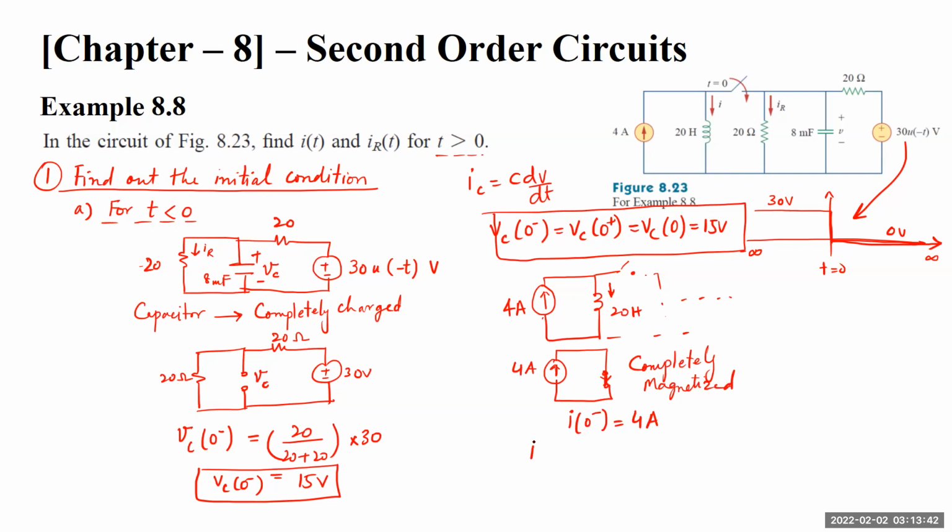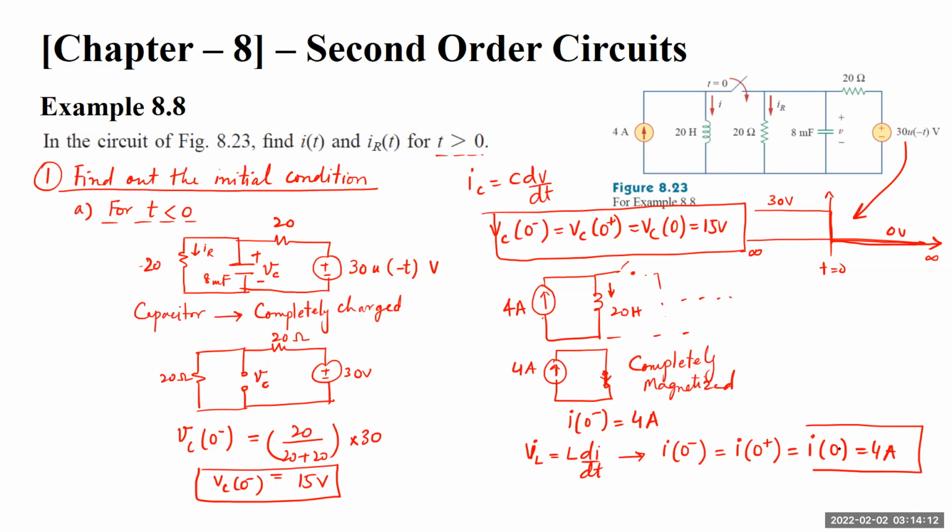Again, remember that we know the inductor voltage is L times di by dt, and the inductor doesn't allow instantaneous change in current. So we can easily write that I0 negative is equal to I0 positive. We can also call it I0, and this is 4 amperes. So this is our other initial condition that we will be using in this question.